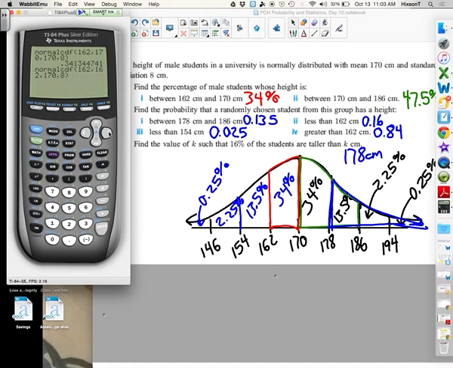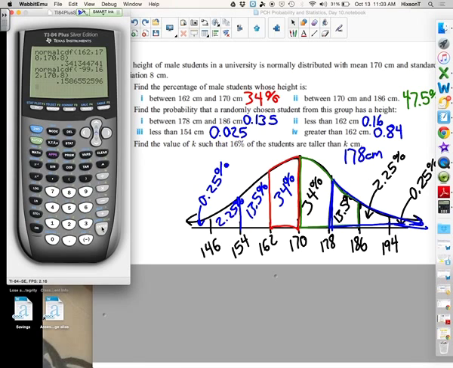If I wanted to go to negative infinity, I could just put in like negative 99999, or in this case I could put 0, because if you have a standard deviation of 8, that's like 20 standard deviations below my mean.